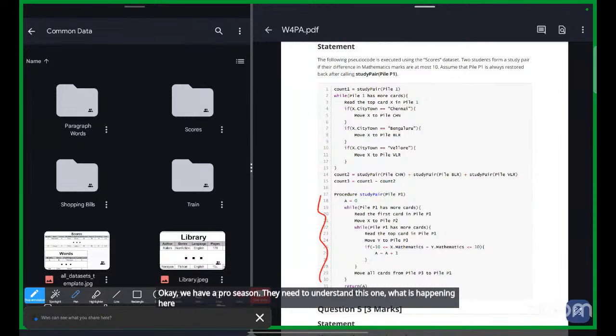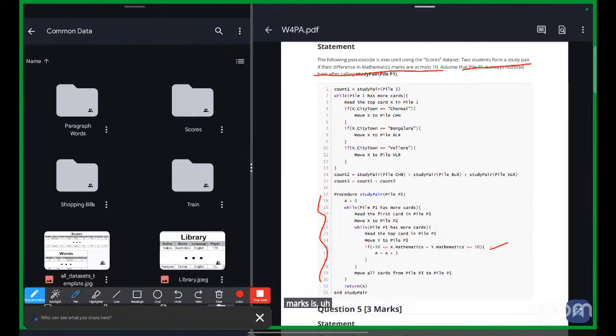If you check the condition, this is just checking for two students whether they can form a study pair or not, by evaluating whether the difference between their mathematics marks is at most 10. In line number 25, we are just checking that.